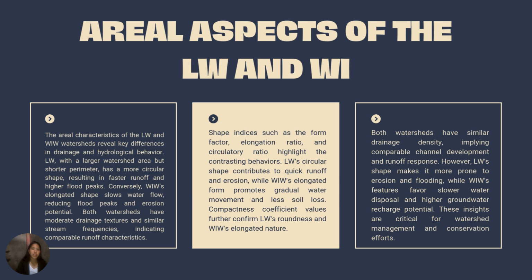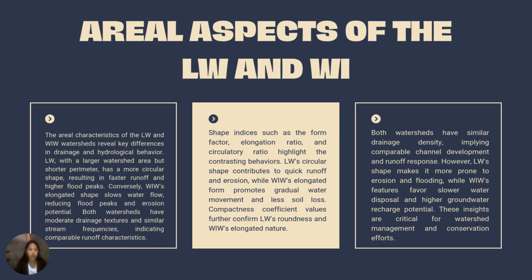Now let's go to the aerial aspects of the LW and WIW. The aerial characteristics of the Loboc and Wahig-Inabanga watersheds reveal key differences in drainage and hydrological behavior. The first one has a larger watershed area but shorter perimeter and a more circular shape, resulting in faster runoff and higher flood peaks.